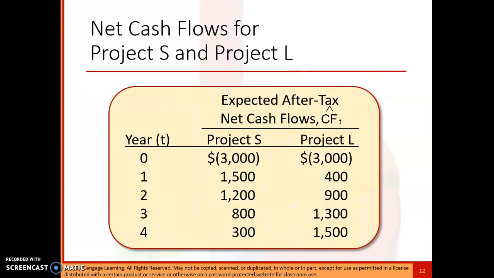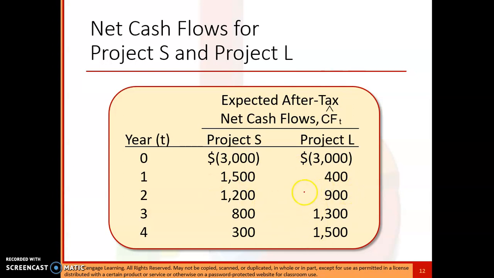So we have 2 projects here. We've got projects S and L. They both last for 4 years. Initial investments are the same. However, project S has greater cash flows in years 1 and 2, and then project L has greater cash flows in years 3 and 4.